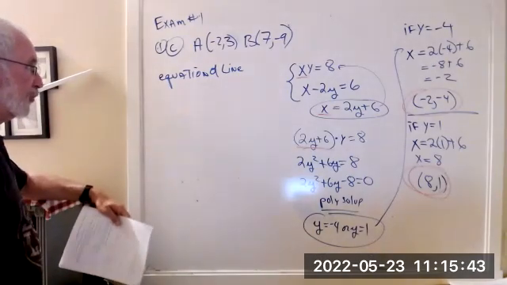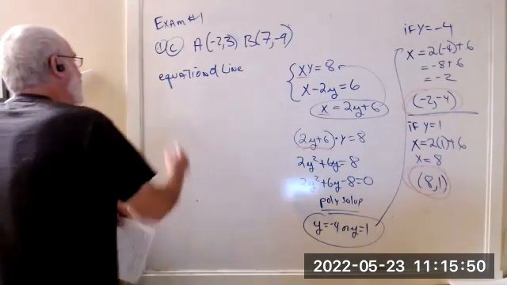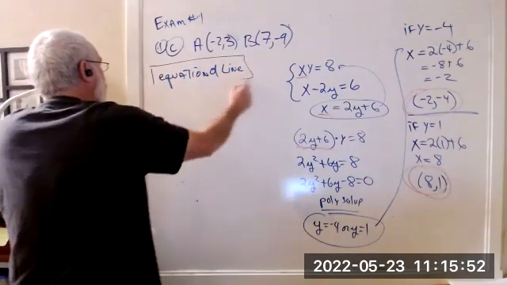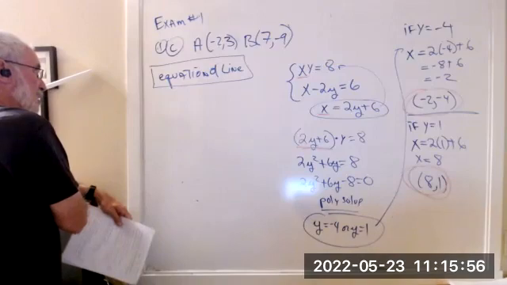Okay, what's the first thing I need? If it wants the equation of the line through those points, what do you need? Midpoint? No, you don't actually need the midpoint.